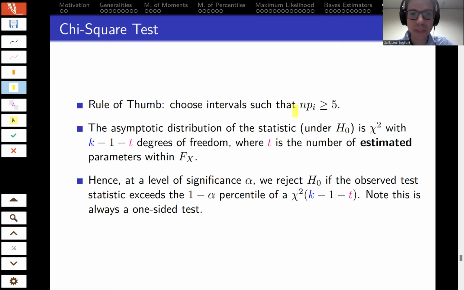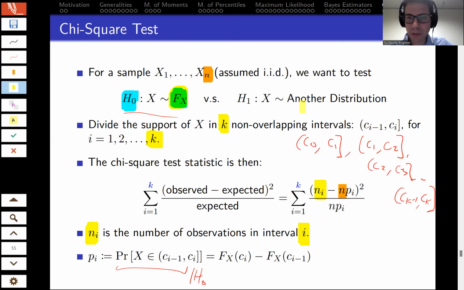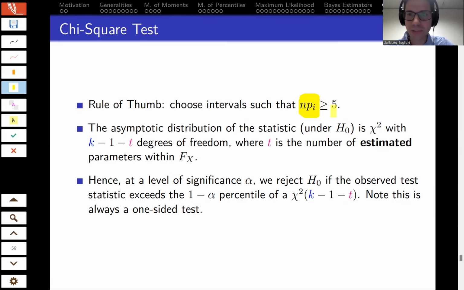The rule of thumb is to pick intervals such that n times pi, the expected number in every interval, is at least 5. It's maybe not perfect, but that's usually what we do in practice.